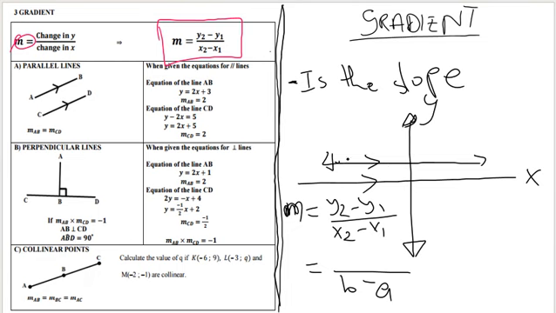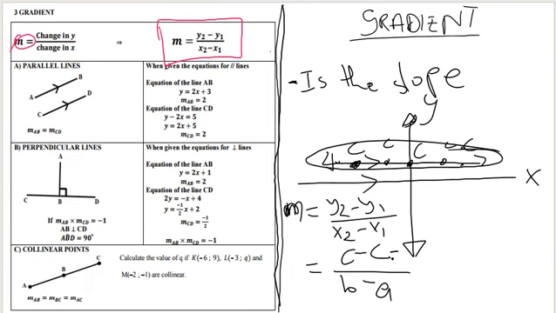If this point is equal to c, then our y here is c, and our y on this line is the same. So we have c minus c, which is equal to 0, and 0 over anything is 0. Hence the gradient of this line is always 0.